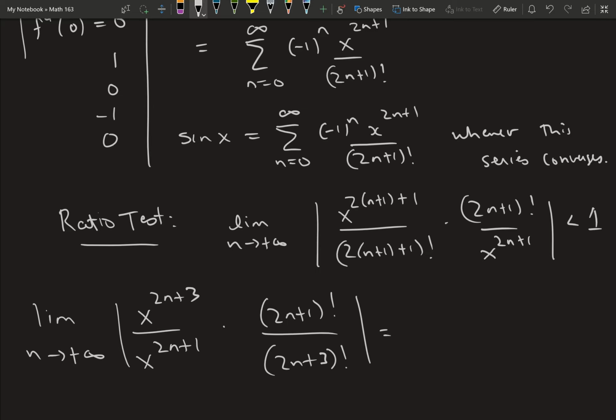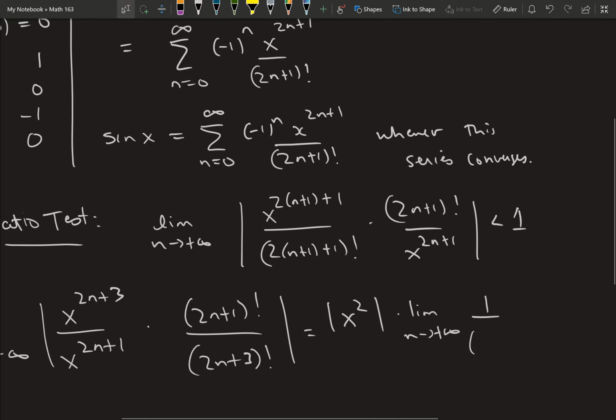We're only left with just 2 powers of x, so we have absolute value of x squared, and then times the limit, because effectively we're testing this out for each fixed x value. This will become 1 over 2n plus 3 times 2n plus 2.